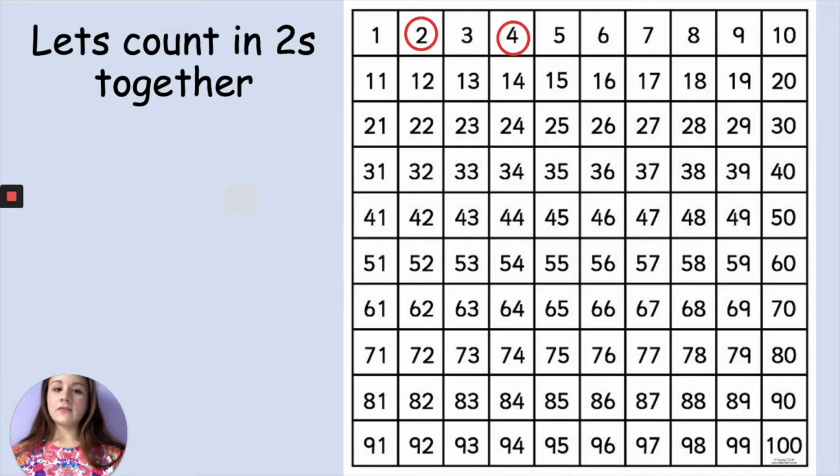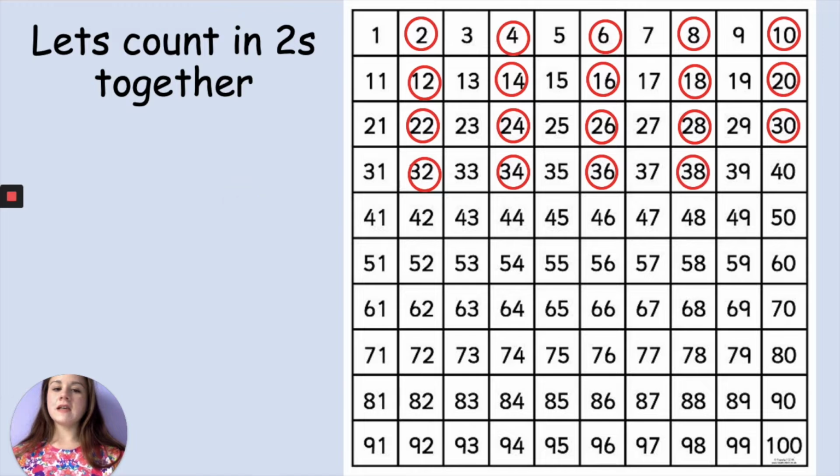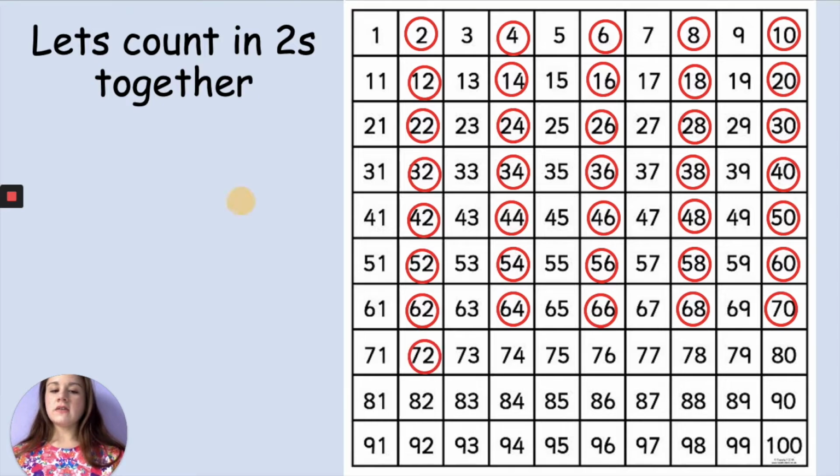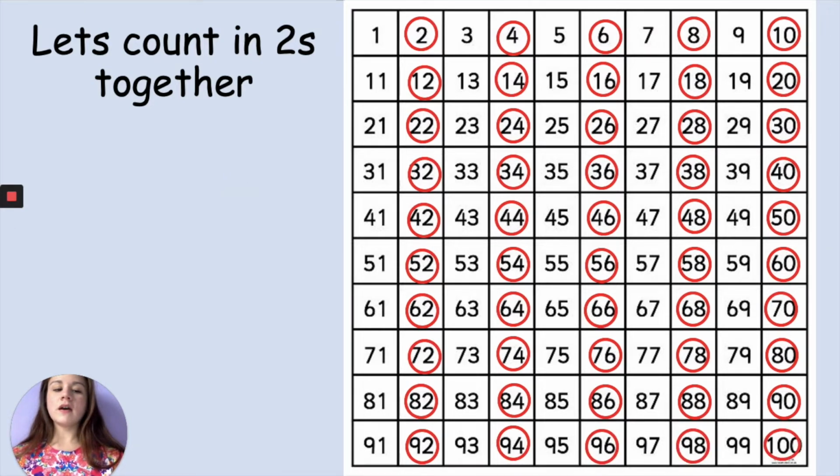Okay, 2, 4, 6, 8, 10, 12, 14, 16, 18, 20, 22, 24, 26, 28, 30, 32, 34, 36, 38, 40, 42, 44, 46, 48, 50, 52, 54, 56, 58, 60, 62, 64, 66, 68, 70, 72, 74, 76, 78, 80, 82, 84, 86, 88, 90, 92, 94, 96, 98, 100.